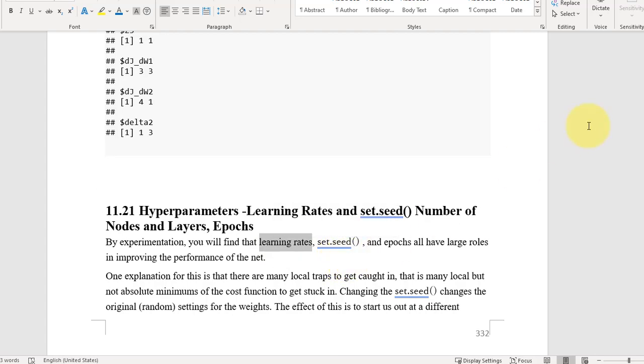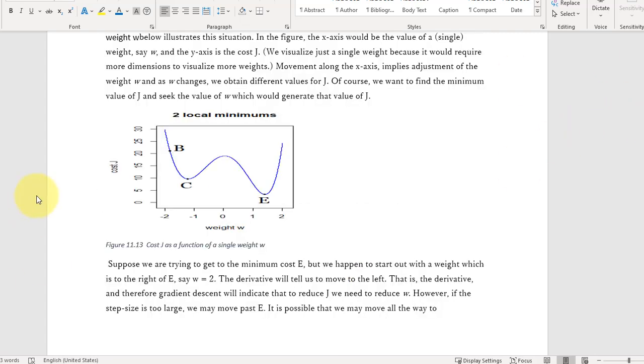So what role does that have? Well, we saw that in this picture, if our initial weight was, say, at B, maybe we'll only get to here, and we'll never get over up here and find this low point. The randomly initialized weight was here.